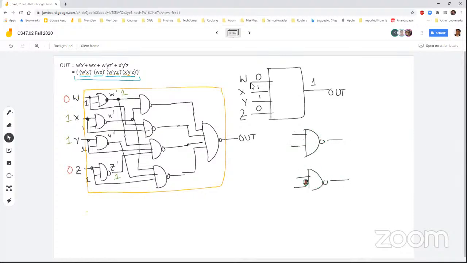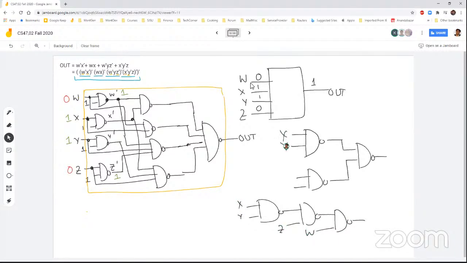Two input NAND is the fundamental logic gate, right? So you can do it this way, or you can do it this way. So either way, it's a four input NAND at the end of the day.